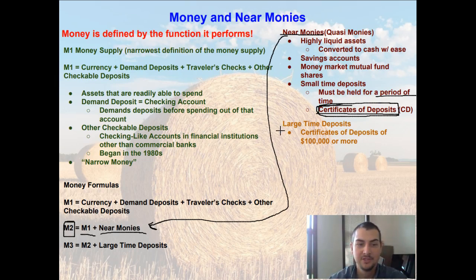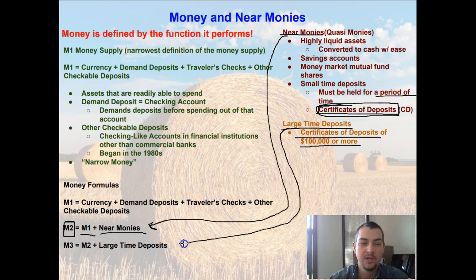This last classification of money that we're going to discuss is the large time deposits. It's when you have a certificate of deposit of at least $100,000 or more. So these large time deposits, these large certificates of deposit, they come into play whenever we're calculating the M3 money supply. So the M3 money supply is equal to the M2 plus these large time deposits.